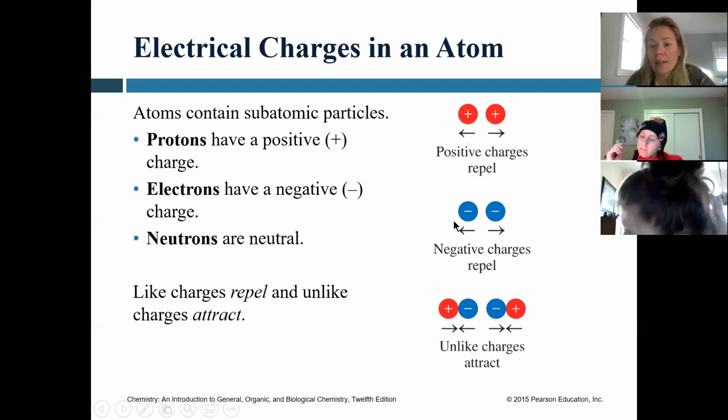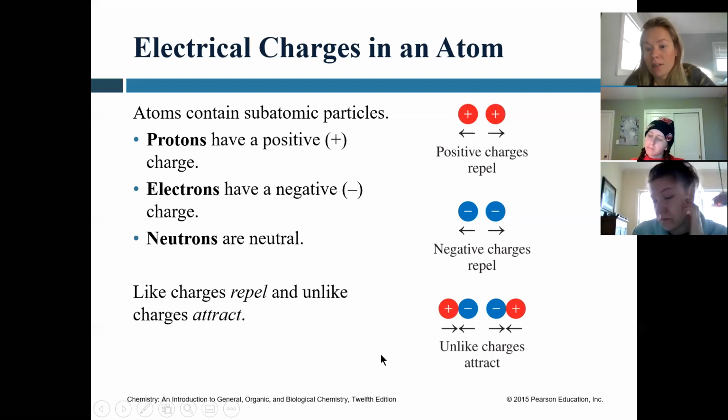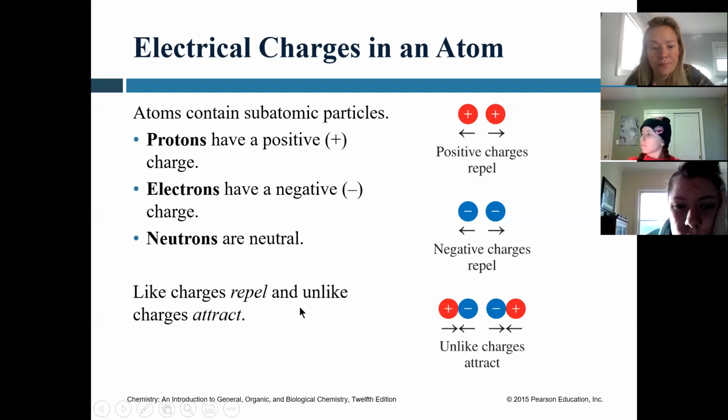That's why the electrons, which rotate around the nucleus, stay around, because the protons have a pull on them. It's not a gravitational pull, it's an electromagnetic pull, but they hold them close. Then you've got these things called neutrons, and they're neutral. They don't have a charge. So they're cool sitting by whatever.